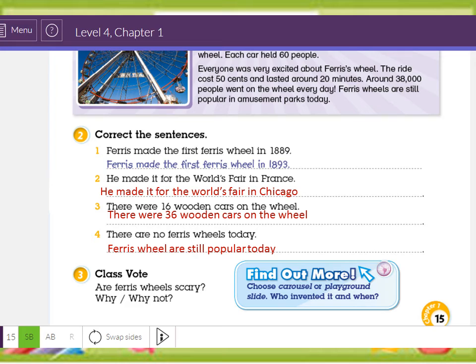And then number 3, there were 16 wooden cars on the wheel. The right sentence is there were 36 wooden cars on the wheel. Not 16 but 36. And then number 4, there are no Ferris wheels today. This is a wrong sentence. The right sentence becomes: Ferris wheels are still popular today.